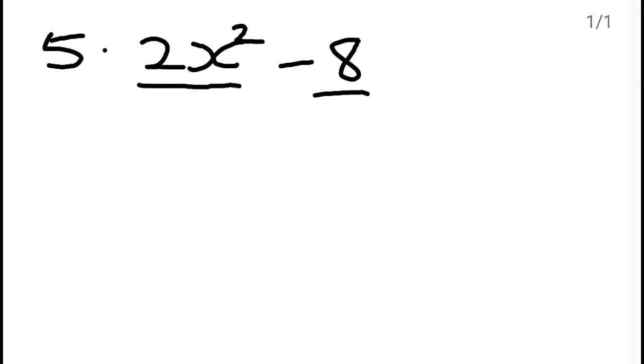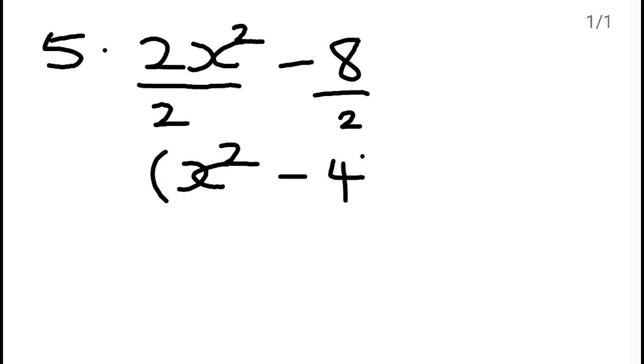We must be thinking that there is a common factor in the two terms, 2x squared and 8. A common factor is that factor or number which can divide all terms. So 2 can divide all these terms. When we divide here by 2 and here by 2, we shall end up with x squared minus 4, but don't forget to put the 2 that you divided with the expression.